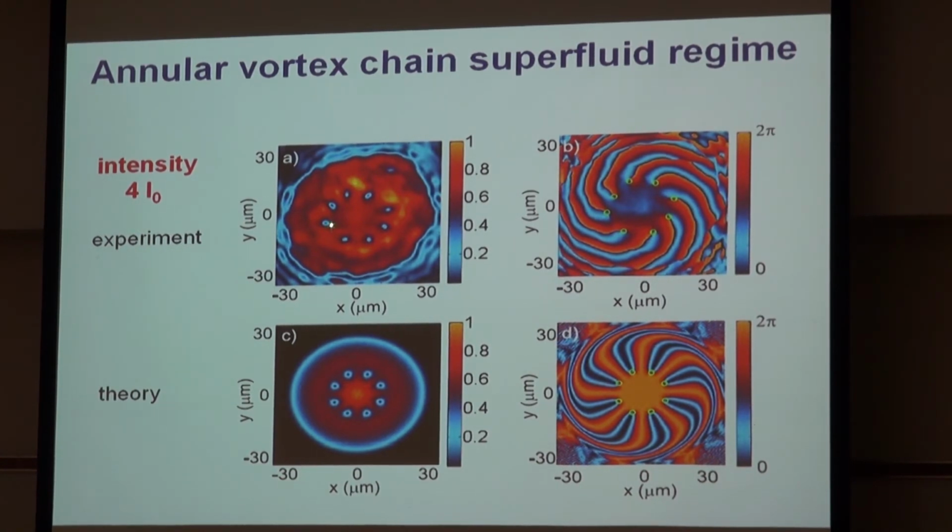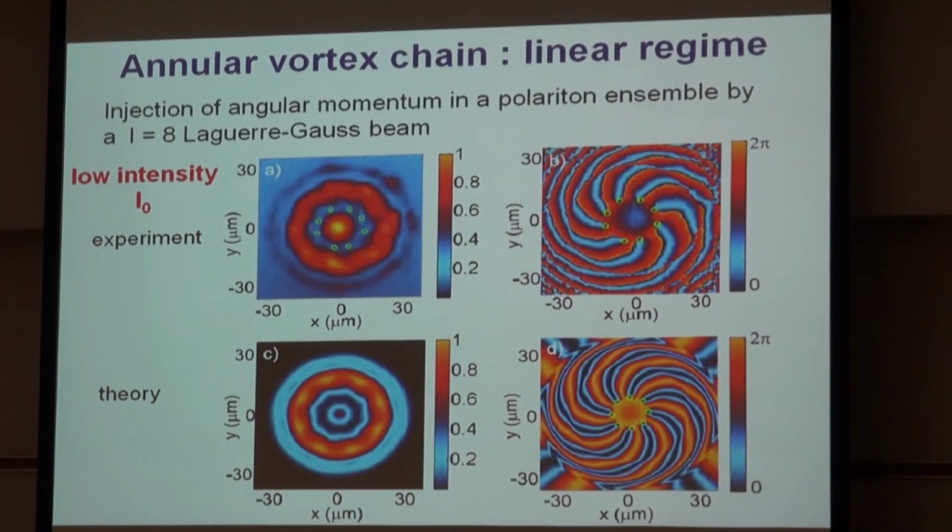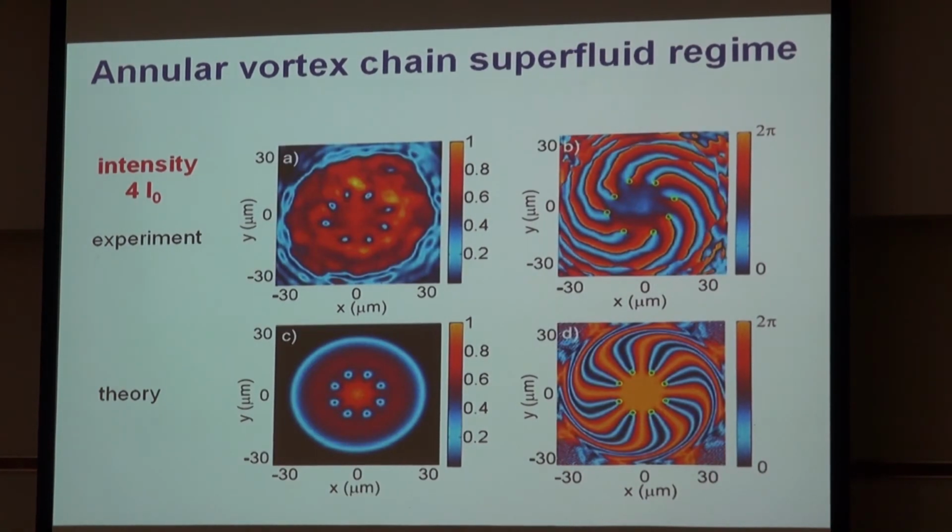It's really a dip, low intensity, around these 8 vortices. And the phase diagram is shown here also. And what can be seen when you compare with the previous one is that the ring of vortices is larger.